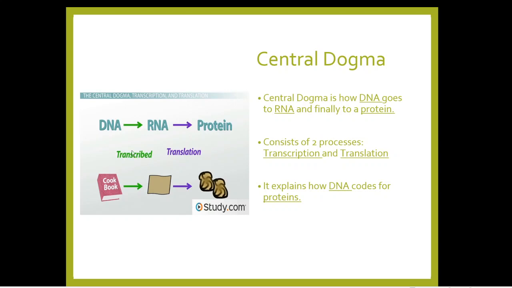It consists of transcription, and then translation. So it explains how DNA codes for proteins. If you think about it, transcription has to happen first. Let's say you have a cookbook, it's in a different language. It needs to be transcribed into English so that we can actually understand it, and then it can be translated into something that we can actually eat, okay?